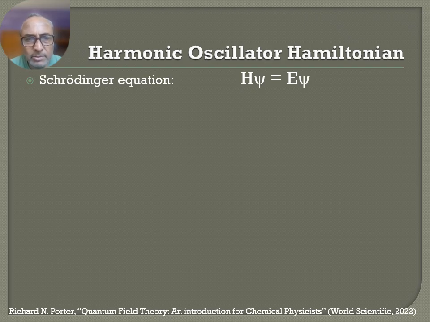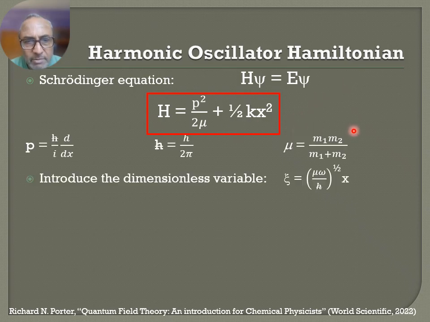Let us now return to the harmonic oscillator, whose Hamiltonian is H equals P squared by 2 mu plus half k x squared. We introduce the dimensionless variable, which I shall call tadpole (ξ), which is equal to square root of mu omega by h cross times x, where omega is square root of k by mu.